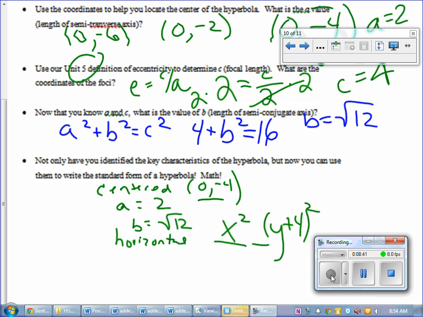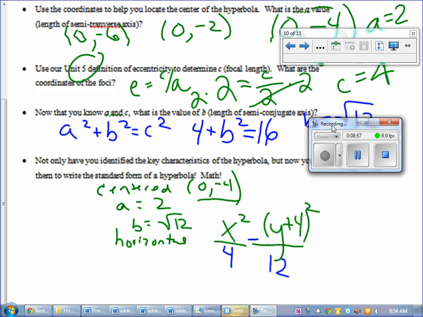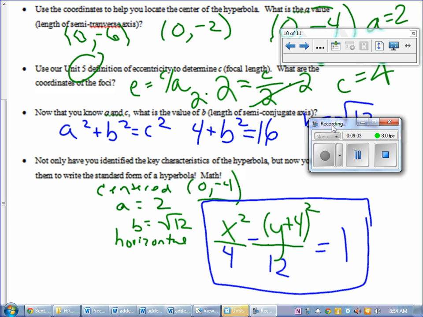That will give me the center at 0, negative 4. And then in a hyperbola, a always comes first. So my denominator will be a squared over b squared, and it will equal 1. And that's going to be the rectangular equation for the hyperbola in standard form.